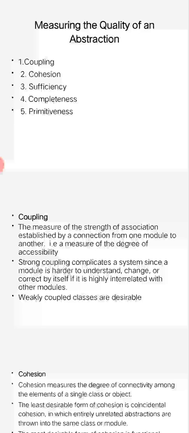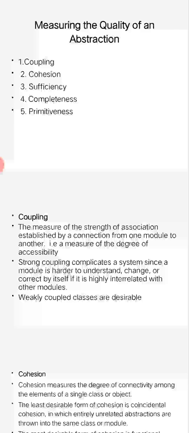How much relationship is there between an object and a class? Coupling is the measure of the strength of the association established by the connection from one module to another module. It is the degree of accessibility, how much we have to access them.